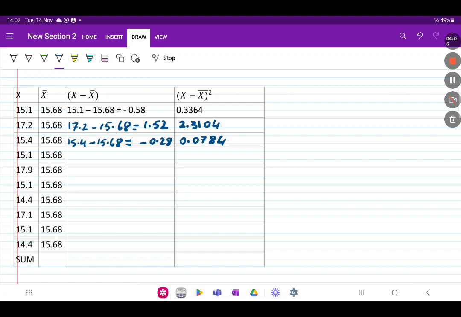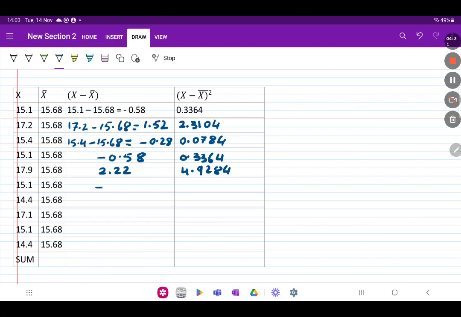Yeah. So number 4, we're going to end up having minus 0.58. And if we square it, we're going to have 0.3364. Number 5, we're going to end up having 2.22, squared 4.9284.